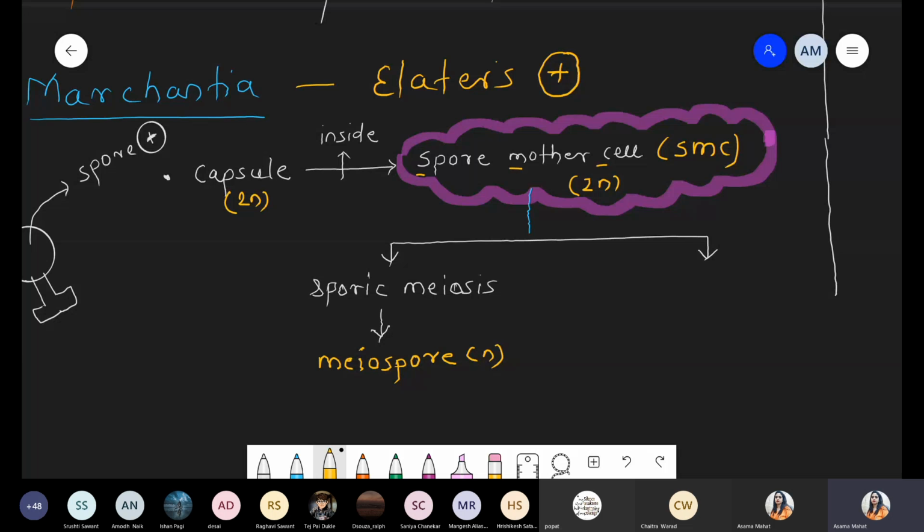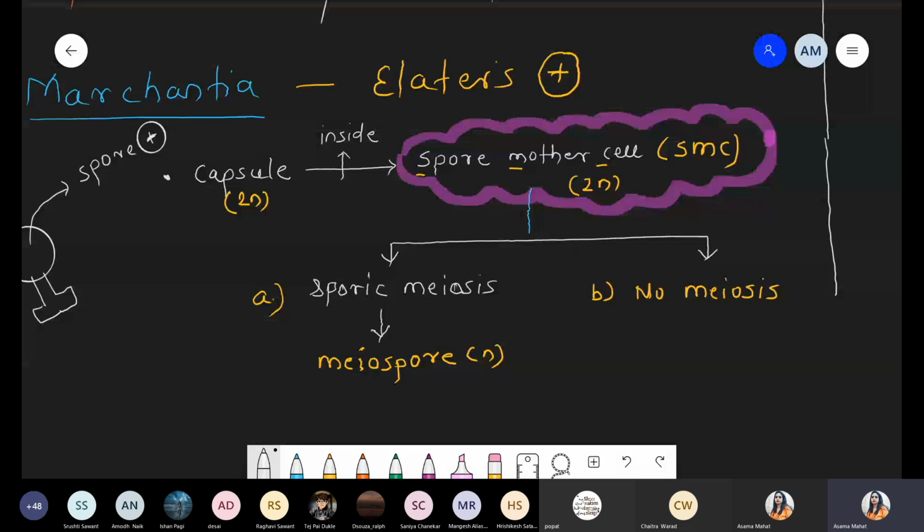That was the first scenario, where meiosis is present. Now the second scenario: if there is no meiosis, no reductional division. Then the spore mother cell further develops and forms elaters.